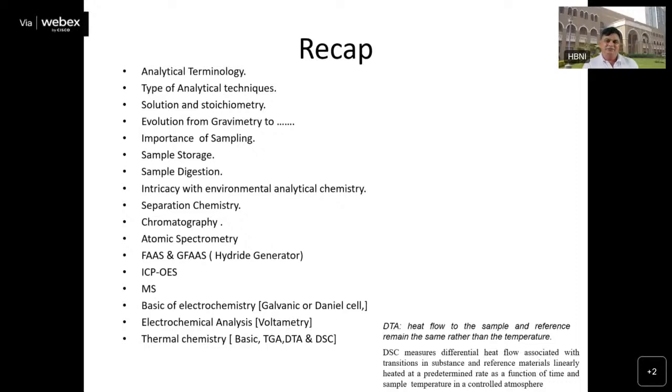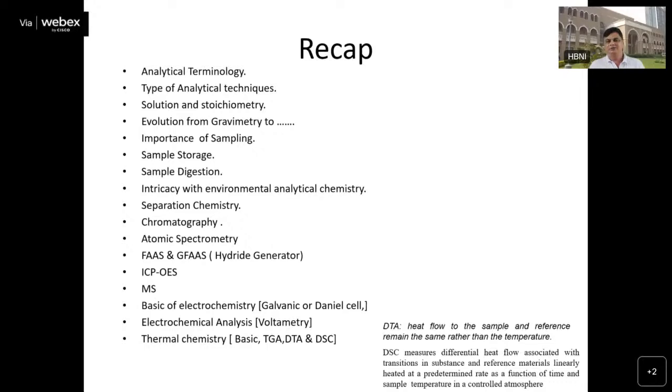And after discussing these things, we came to thermometric titration. Thermometric titrations are titrations like the acid-base and redox titrations we discussed. But in thermometric titration, there is a large change in the enthalpy that is recorded, because at the end point there is a release of energy.